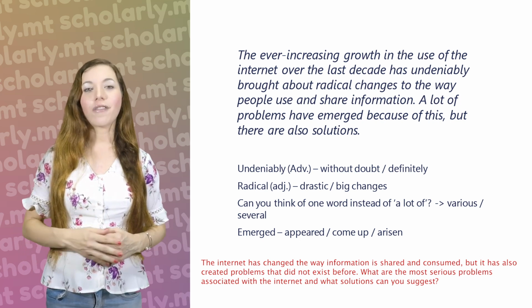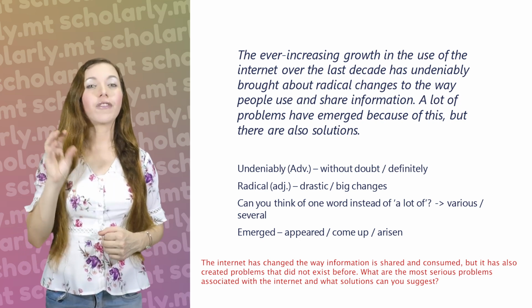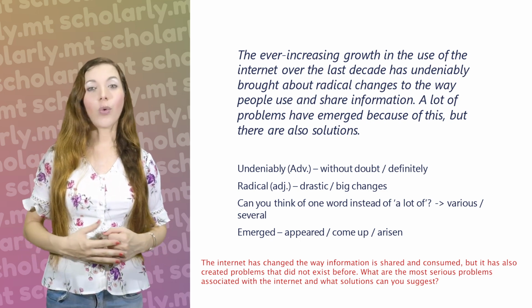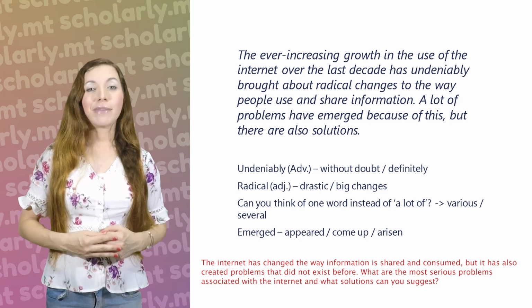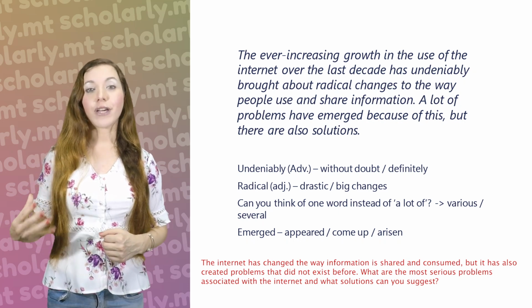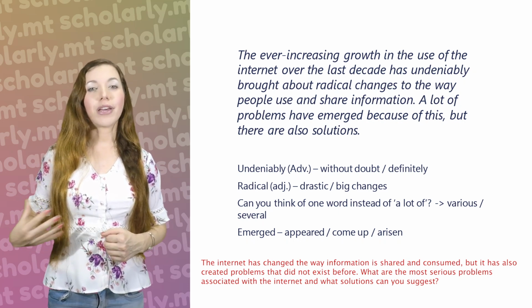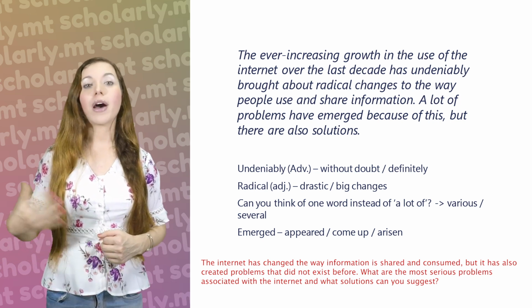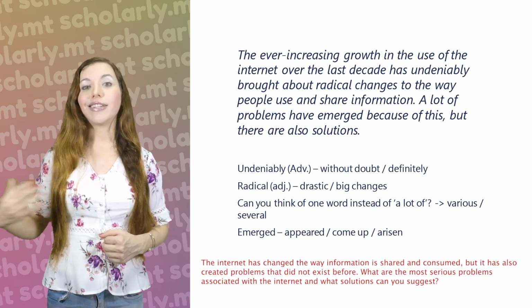Can you think of another word instead of a lot of? We could say several or various. Emerged. That's a verb. Another word for emerged could be appeared, or the phrasal verb come up, or arisen.